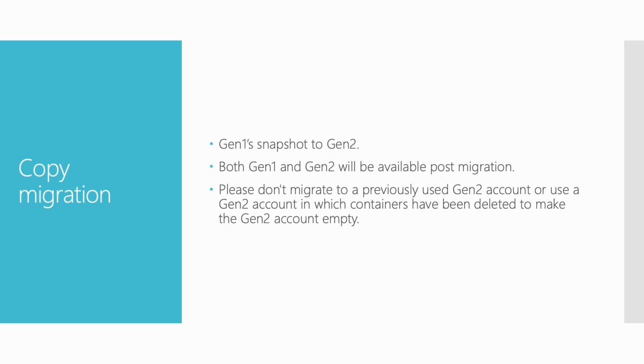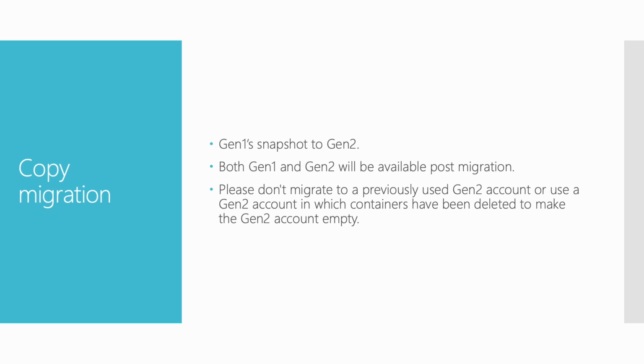And you could verify that your applications run well on the Gen2 account. You could do your testing, or you could do a POC if you need to. Once you are done with your testing, you could then do the complete migration, which I will talk about in just a few minutes.